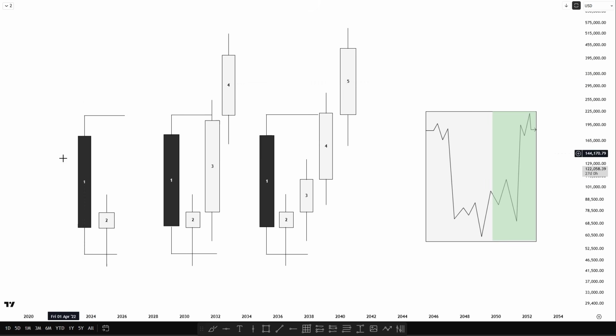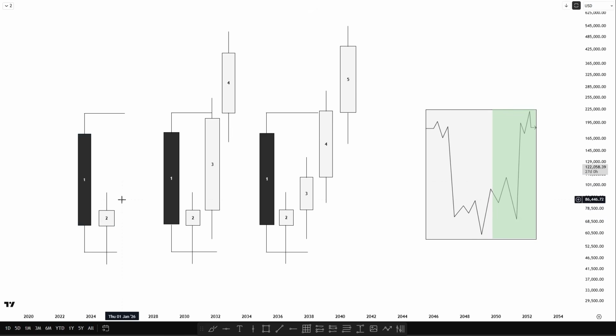So we have candle number 1, candle number 2. How you can expect an expansion candle, and how to profile an expansion candle, is coming very soon. I'm just starting with the 3 candle model. So we have a range, a candle with a manipulation or turtle soup, and then the expansion candle.